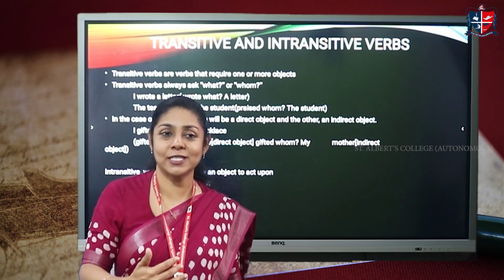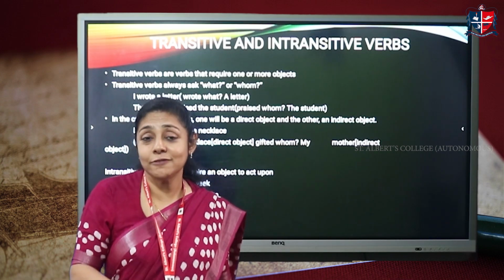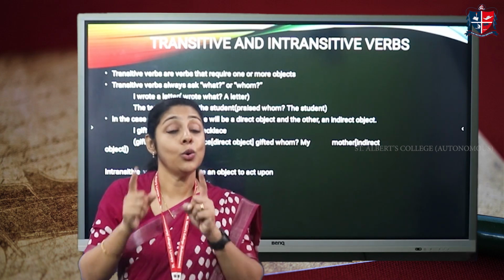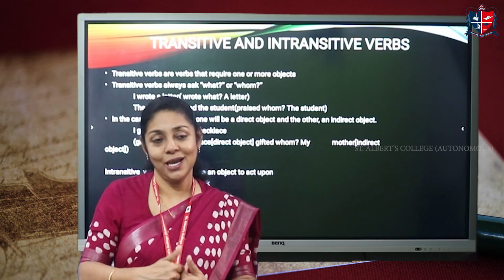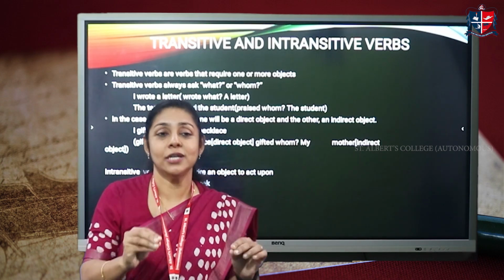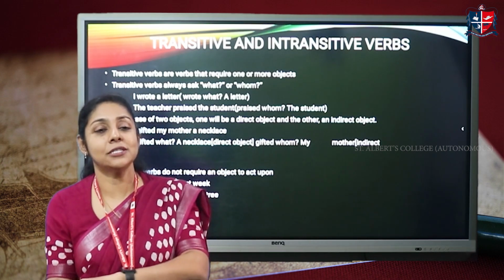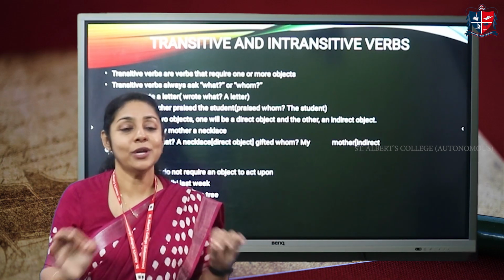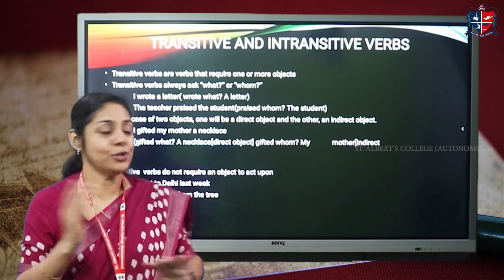It's an active voice. Can you convert that to passive voice? Of course you can because you have an object. So we say a letter was written by me. So you can convert a verb which is transitive, right, from active to passive. Whereas if the verb is intransitive, you cannot convert that from active to passive.